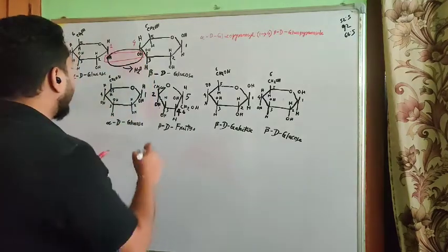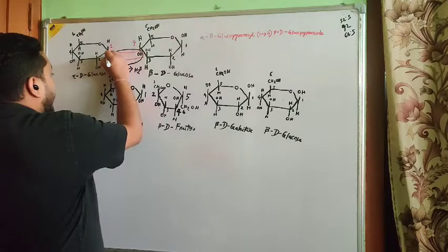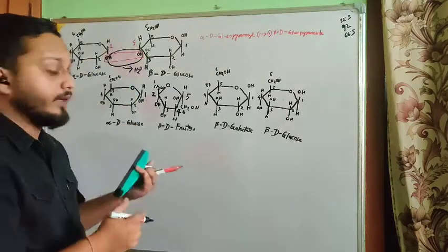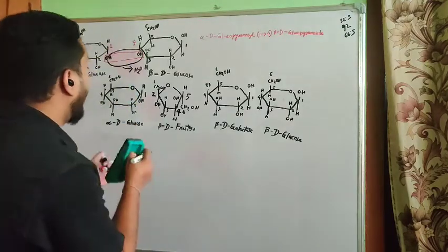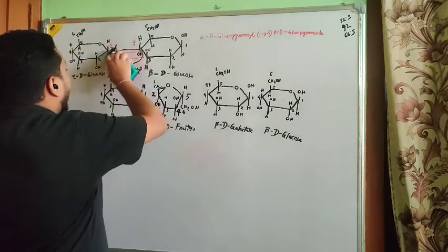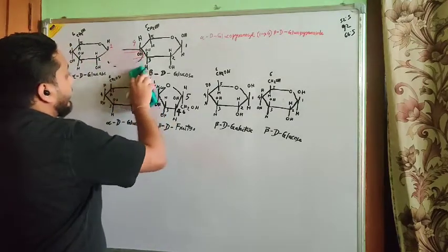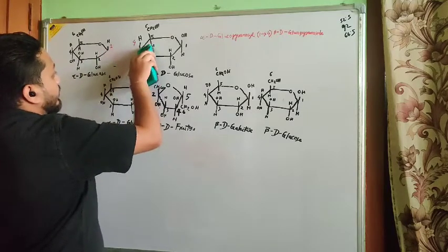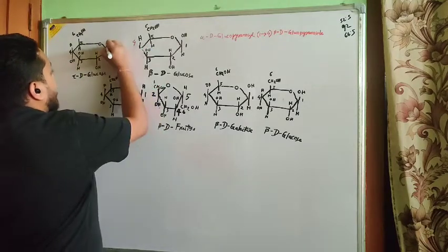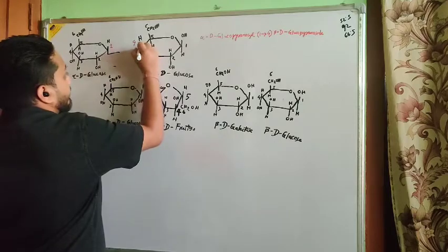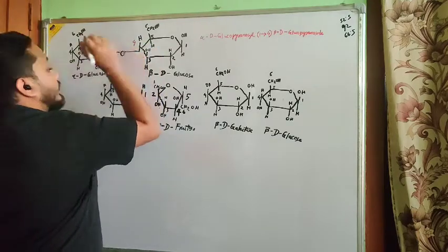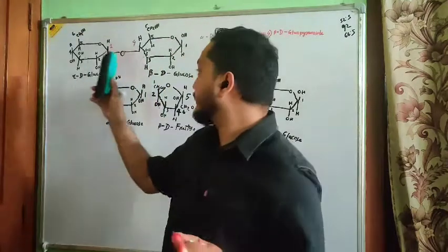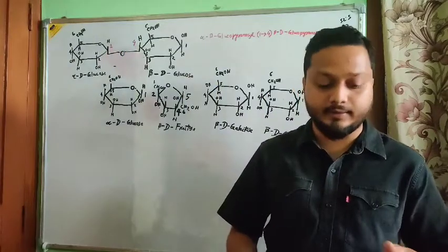Now only an oxygen, this oxygen will remain in this structure. Therefore, we can modify this structure like this. This is the modified structure, oxygen. This is the glycosidic linkage.